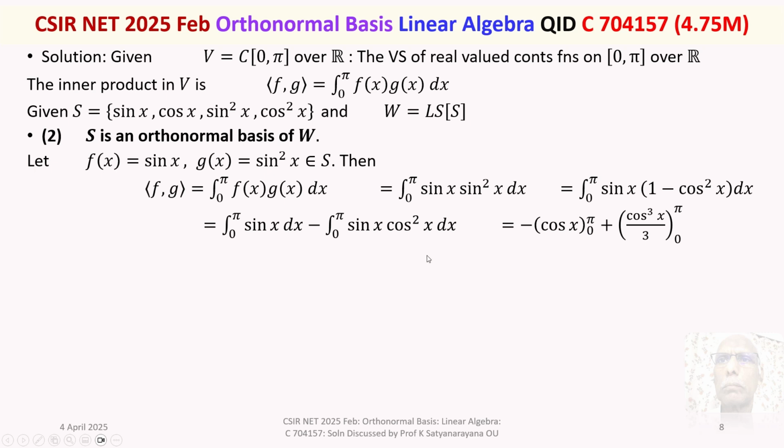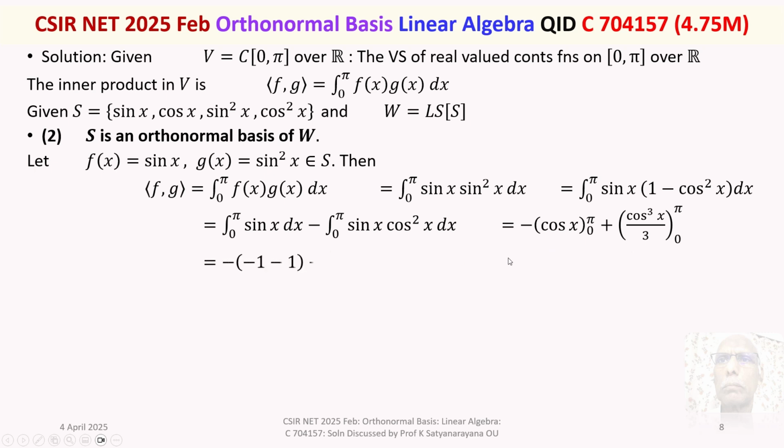Agreed. And put cos x is equal to t. So, minus sin x dx is dt. And substituting, you will get plus cos cube x by 3 to be evaluated between 0 to pi.